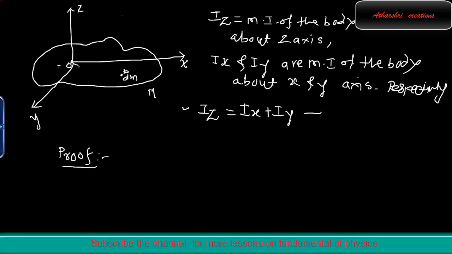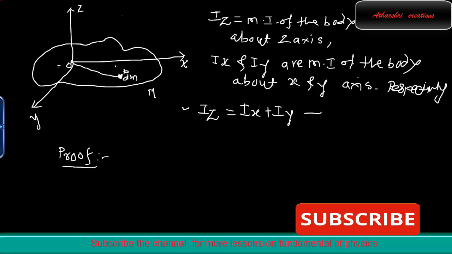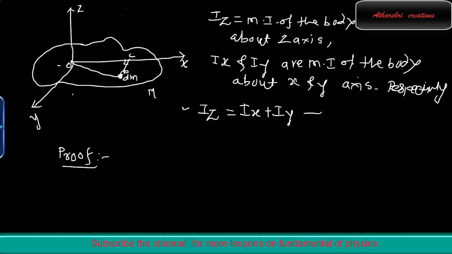Now join OP and draw perpendicular LP to the x-axis, that is, this point is L, and ON perpendicular to the y-axis.